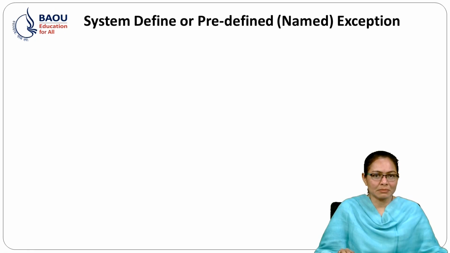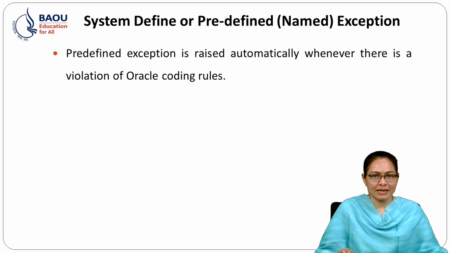What is system defined? First is the system defined, or predefined, or named exception. So, what is a predefined exception? A predefined exception is raised automatically whenever there is a violation of the Oracle coding rules.